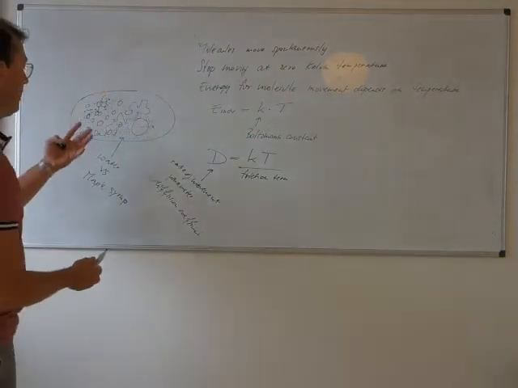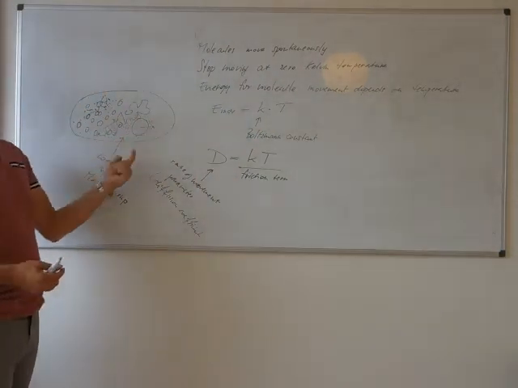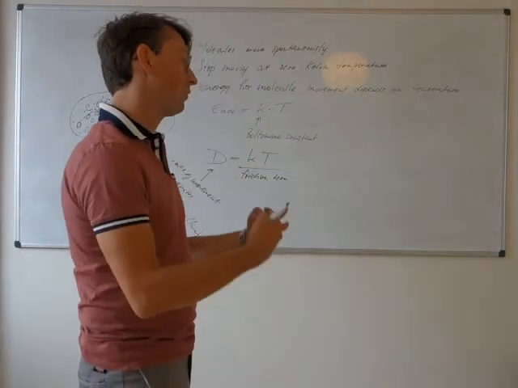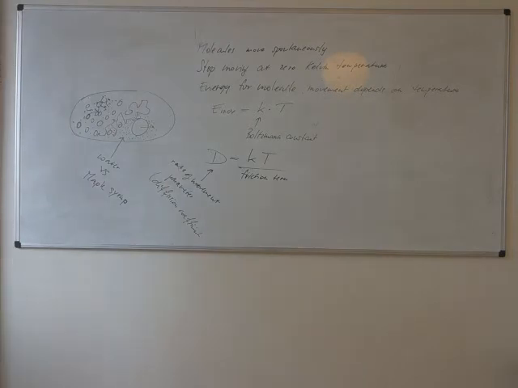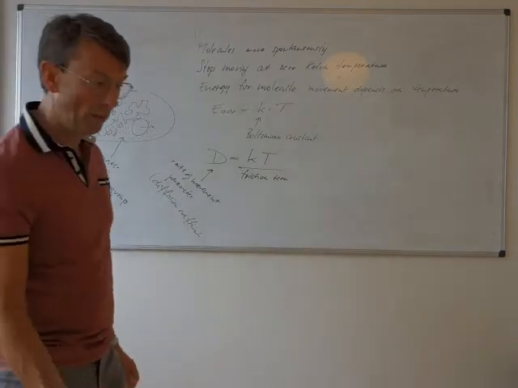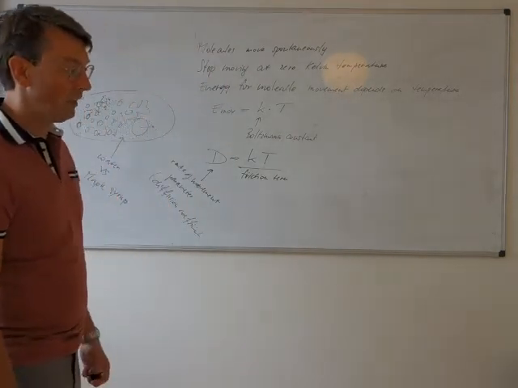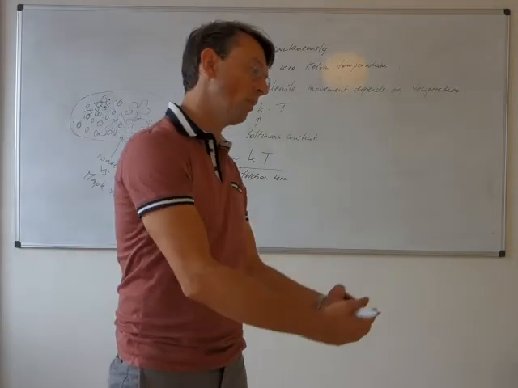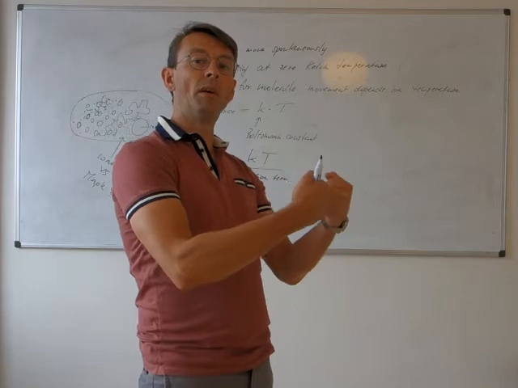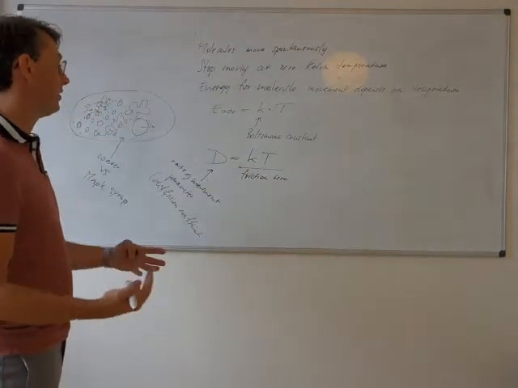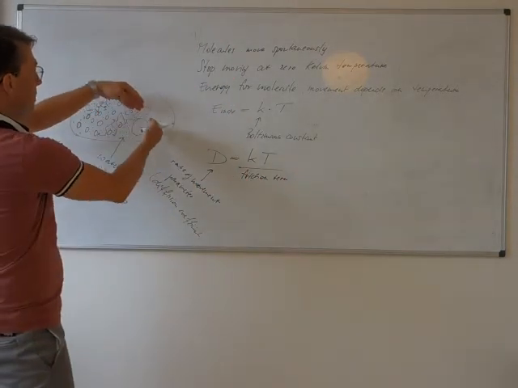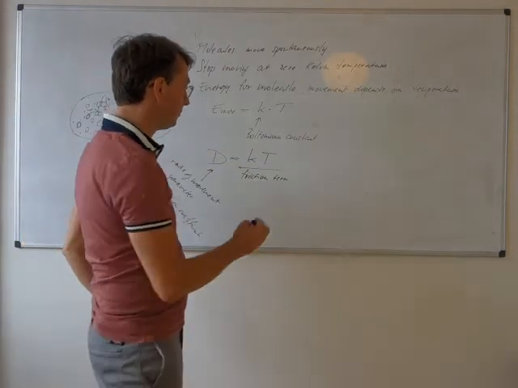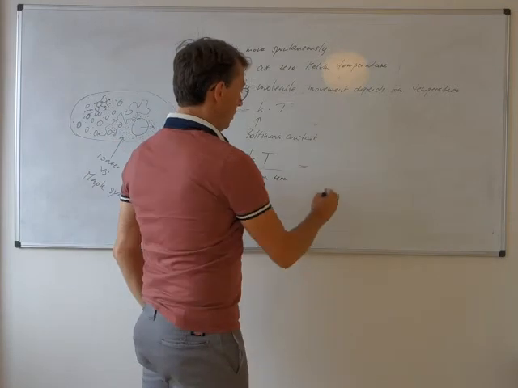So if you have a sticky watery solution, a viscous solution, then of course you have more friction ultimately, because the molecules that you bump into are tightly bound to each other. So it's very hard to open a path for yourself to actually make a net movement.